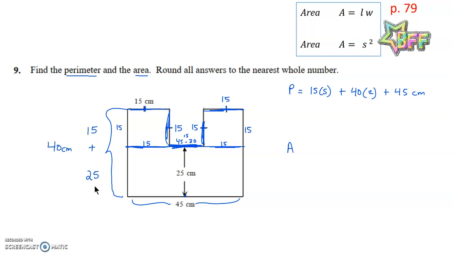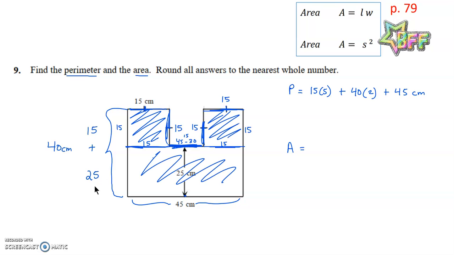And for the area, we're going to calculate one box, and a third box. So for each of these top boxes, they're 15 by 15. So this is going to be 15 squared plus 15 squared plus, for our bottom rectangle, we have 45 by 25.